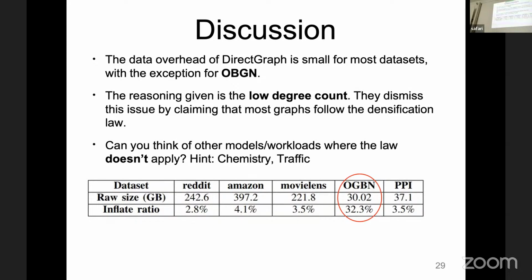But there are probably some models or workloads where the law doesn't apply, which maybe you can think of. Like, which workloads or models would the densification law not apply to, where the node counts will still keep low even after expanding the graph by a lot? Maybe in chemistry or traffic, if you can think of one idea.